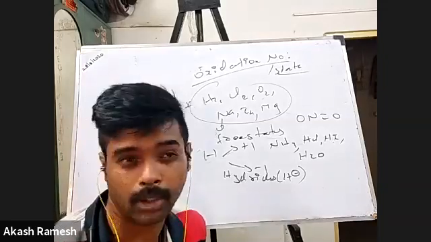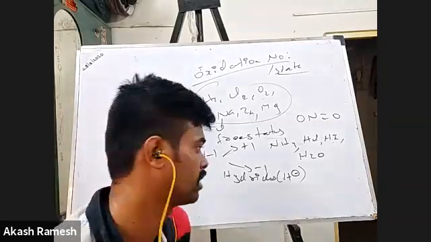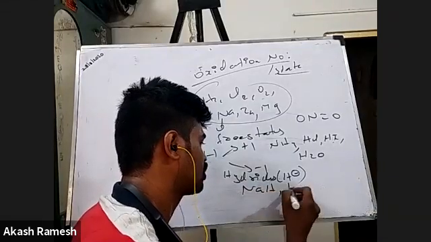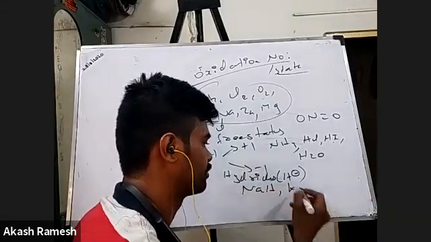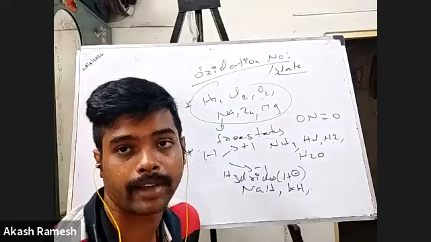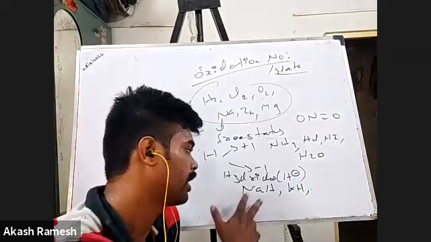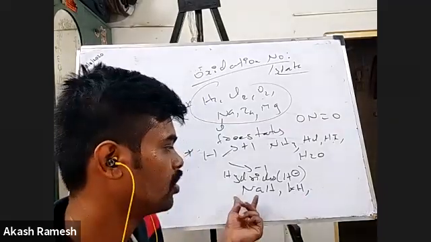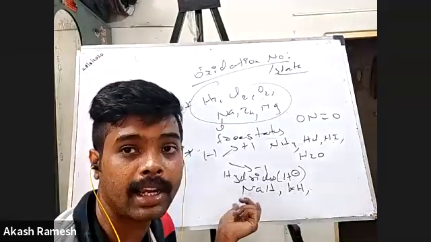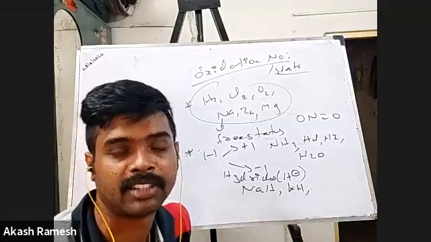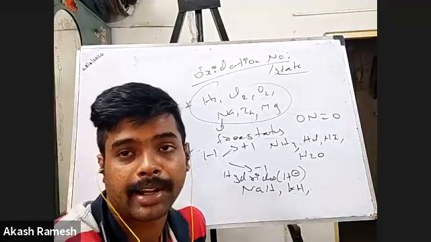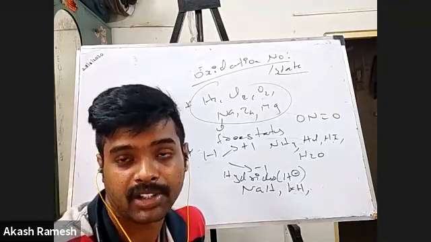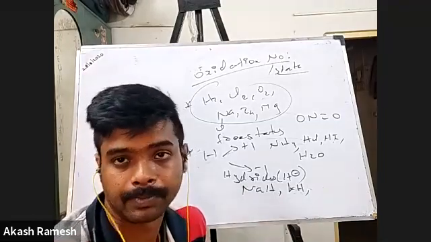Examples are NaH, sodium hydride, and KH, potassium hydride. Here sodium is a highly electropositive element, so the oxidation number of hydrogen is -1.